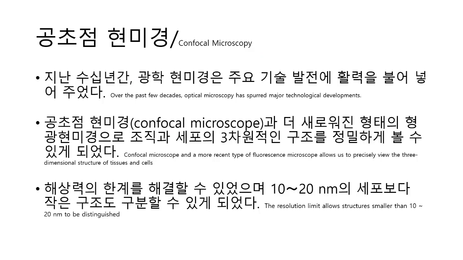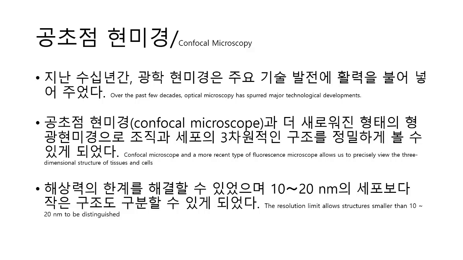Before we leave light microscopy, let's have a quick look at confocal microscopy. Confocal microscopy is a type of fluorescent light microscopy. This type of microscopy uses a pinhole aperture within the microscope to eliminate out of focus light from a thick sample.